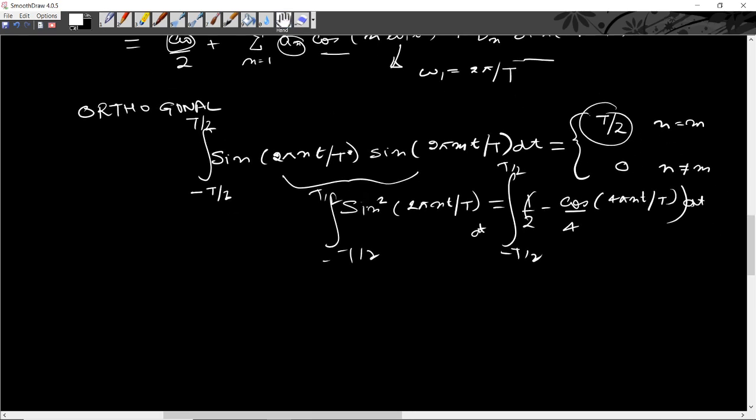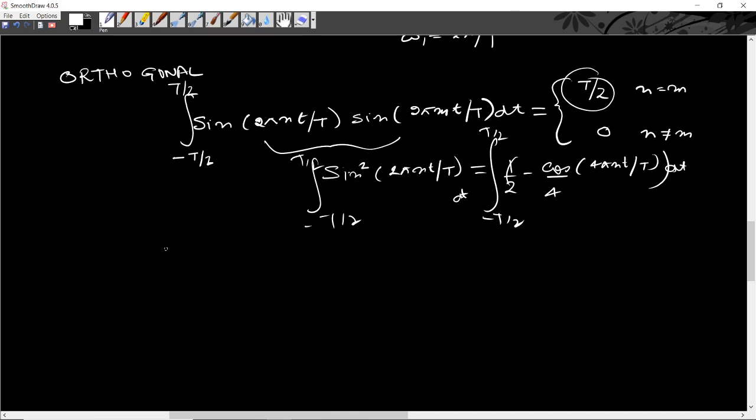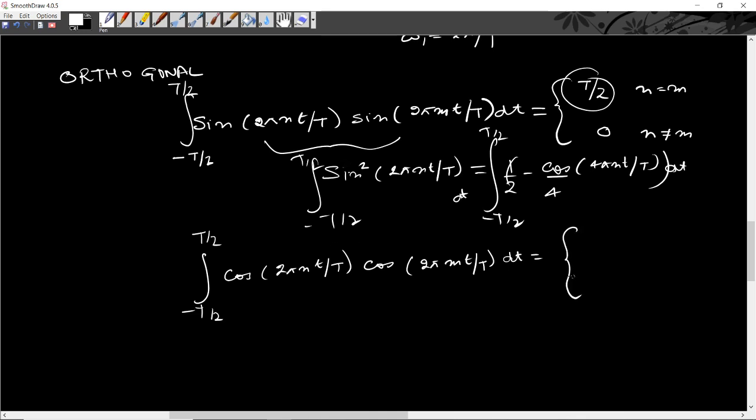Similarly, if I perform this integration from minus T by 2 to T by 2, where capital T denotes the time period, then if I take the product of two cosines with different frequencies, it is easy to show that this integral is equal to T by 2 when n is equal to m, and note that this is the case when n is not equal to 0.